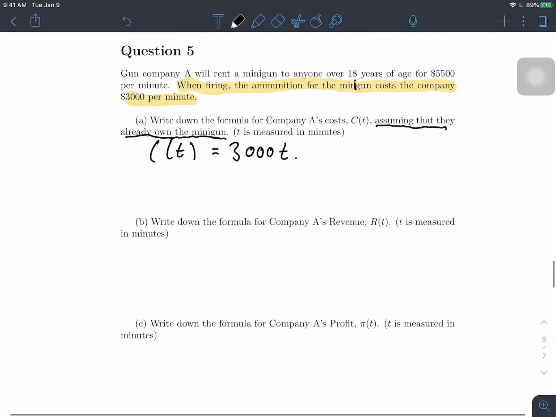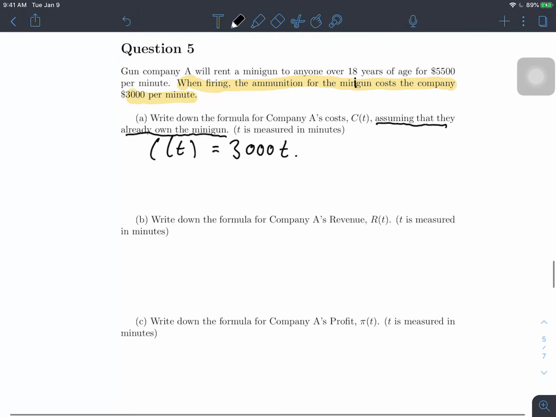Okay, write down the formula for company A's revenue. Remember, the definition of revenue is how much money is coming in before you factor in your costs. So revenue is just how much money did we charge the person for the rental.